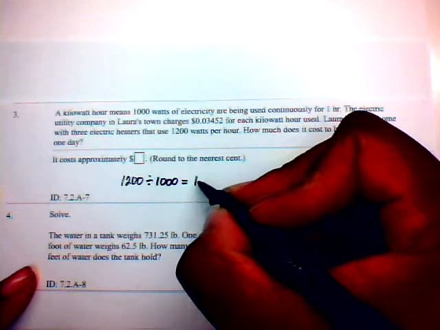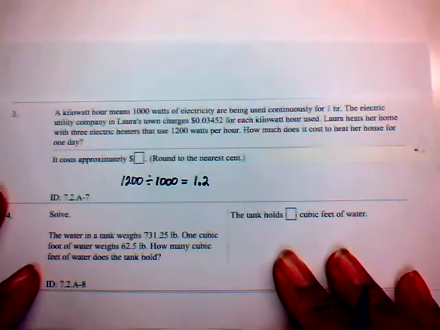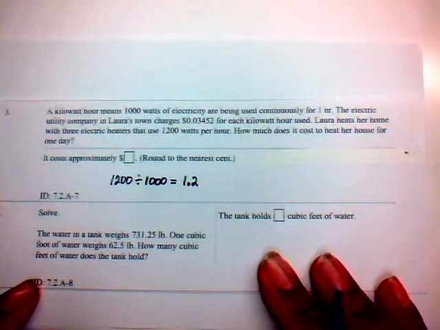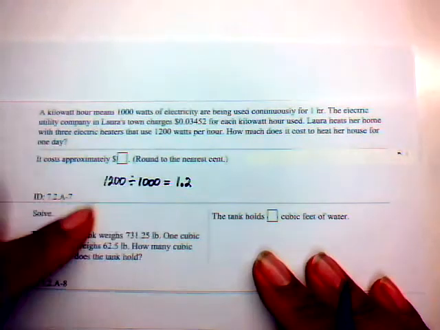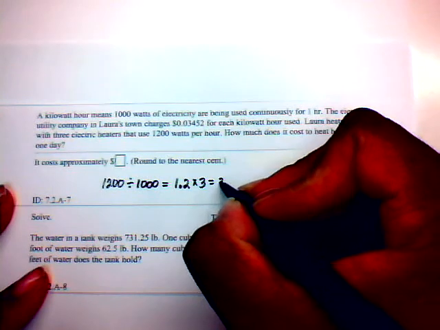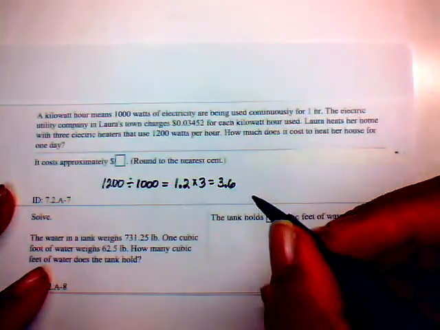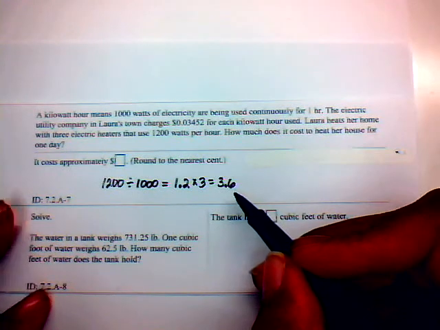That would give us 1.2. Now she has 3 electric heaters, so 1.2 times 3 gives us 3.6. So here she's using 3.6 kilowatt hours.